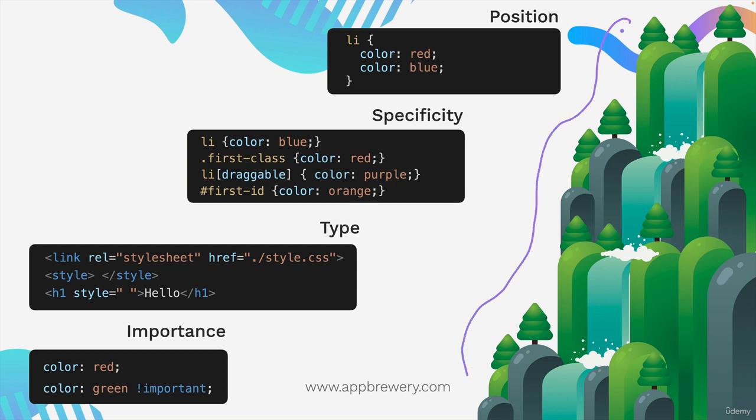And there is obviously the higher level, which is the categories, position, specificity, type, and importance. And then within each cascade, you can imagine there's almost a mini cascade level where you determine which one is most important. Now we're going to try out some quizzes to enforce these rules. And I recommend taking a photo of this page and having it side by side while you do the quiz.